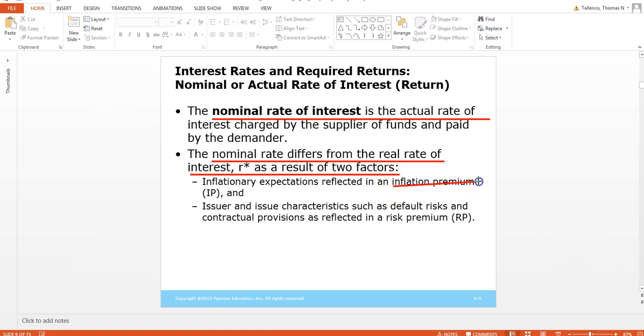Number one is inflation, which everyone should know. Inflation is not your friend. And depending on the type of bond or financial instrument, how much risk you're taking, the more risk you take, the higher the rate. So if you're going to invest in junk bonds, you may want to make sure you get a nice high interest rate.